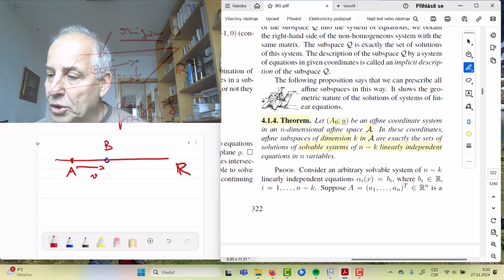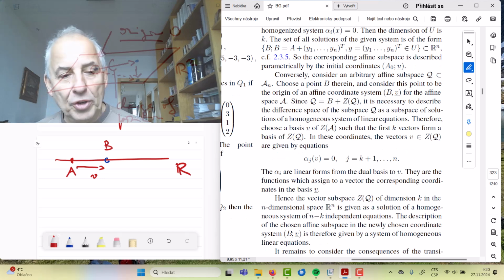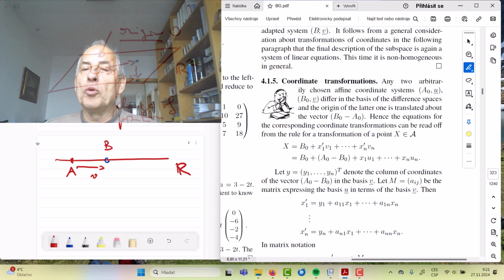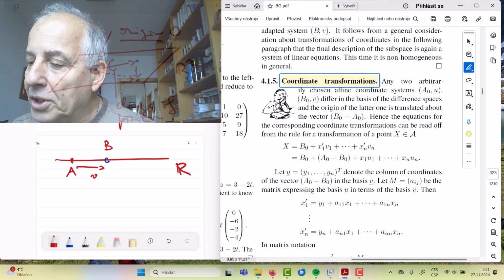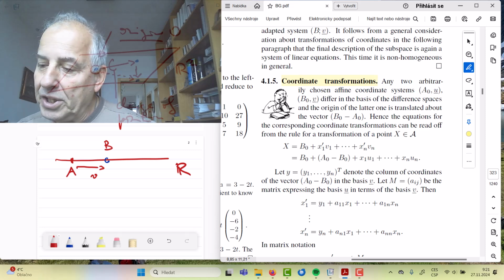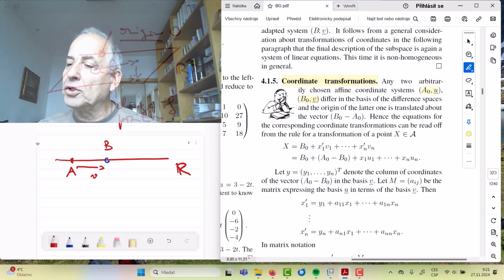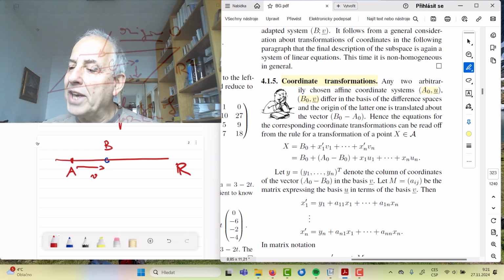Right, so the proof here is straightforward. It's not difficult. The important step on the way is to understand how the coordinates are changing. So what does a coordinate transformation mean? And here it's clear. If we compare what's happening to what we know about the vector spaces, here we not only change the basis in the difference space, in the space of the changes of positions, but we also change the origin.